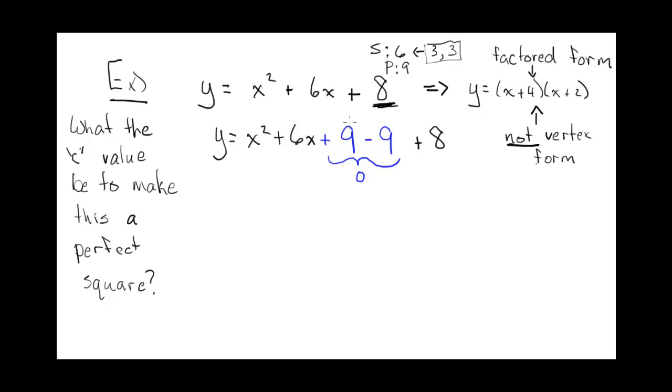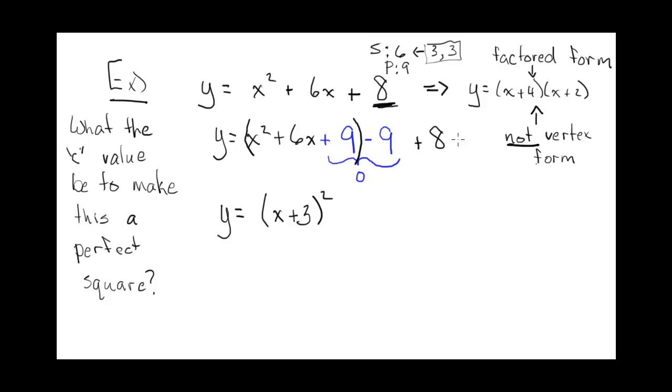So now what I'm going to do is group terms. I'm going to group the first 3 terms and then leave the last 2 terms. And what I'm going to do with the first 3 terms is factor them. So notice we made this a perfect square, so this should factor as (x plus 3) squared, because 3 times 3 is 9, and 3 plus 3 is 6.